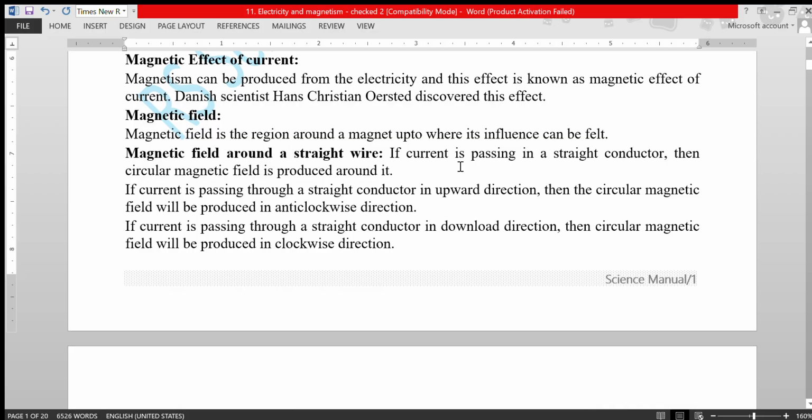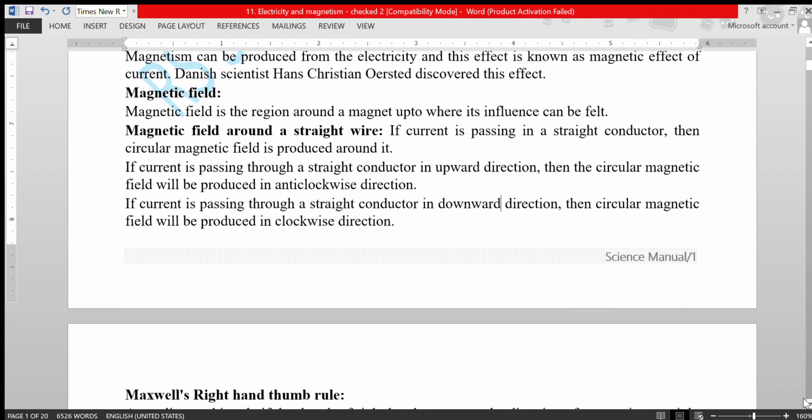If current is passing in a straight conductor, then a circular magnetic field is produced around it. If the current is passing through a straight conductor in upward direction, then the circular magnetic field will be produced in anti-clockwise direction. If the current is passing through a straight conductor in downward direction, the circular magnetic field will be produced in clockwise direction.